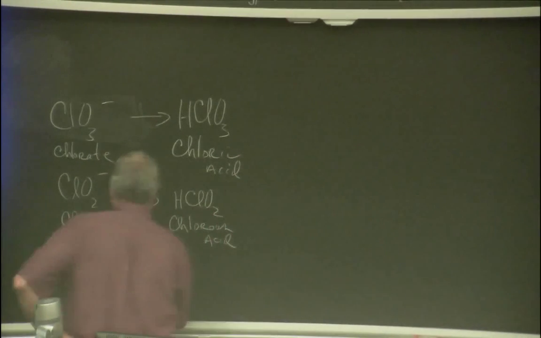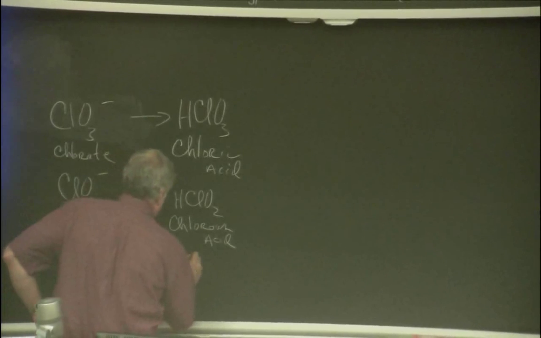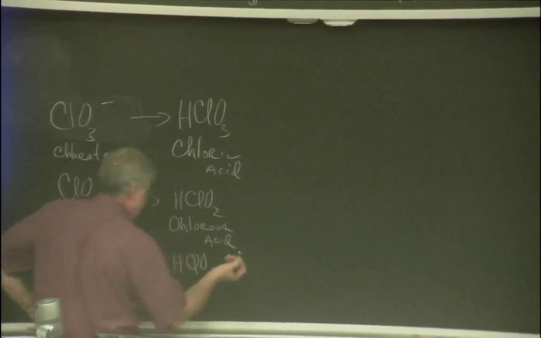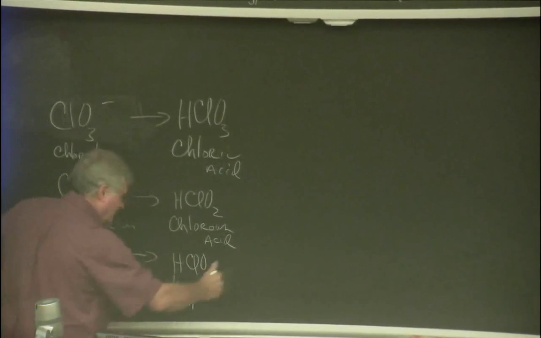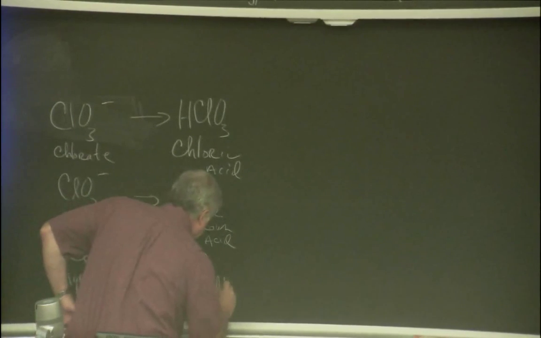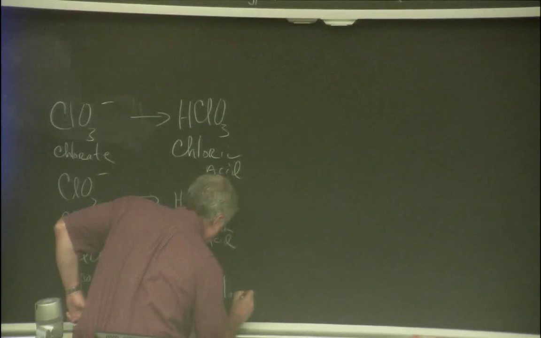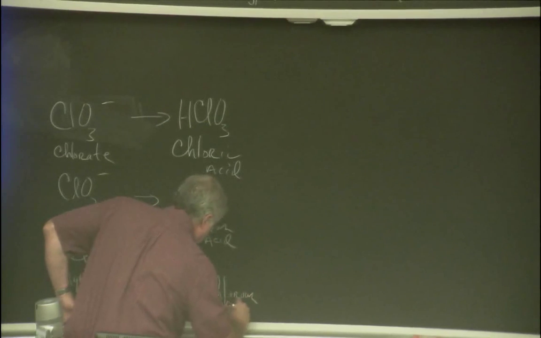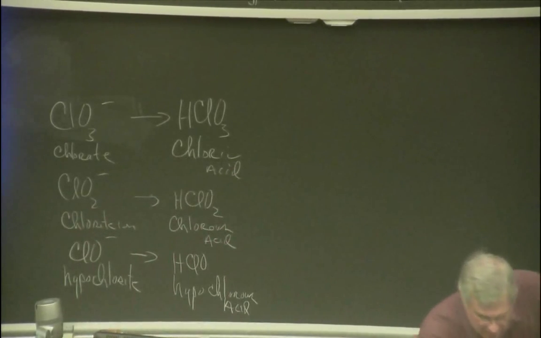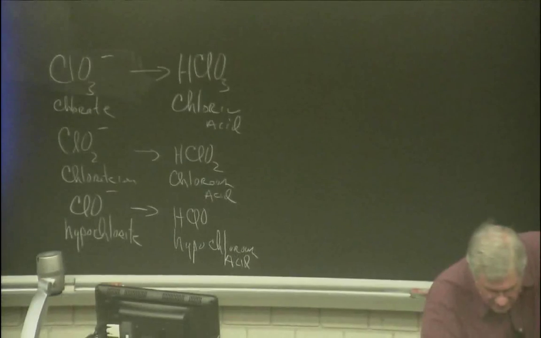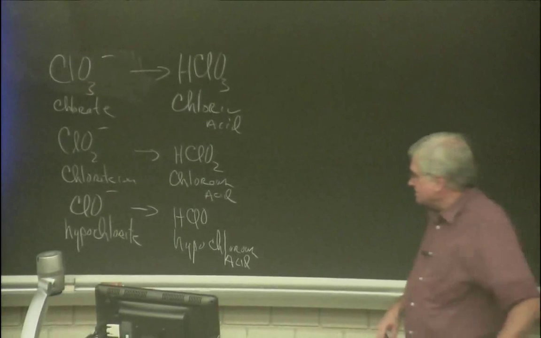All right. HClO, like that. That's going to be hypo, you just bring the hypo with it, hypochlorous acid. Let's see if that all got on camera. Not bad. Okay. Hypochlorous acid.